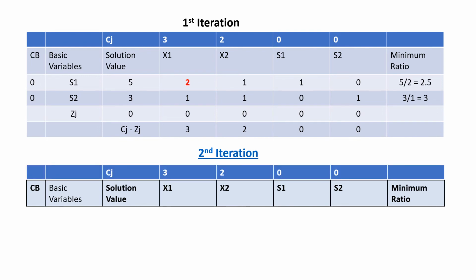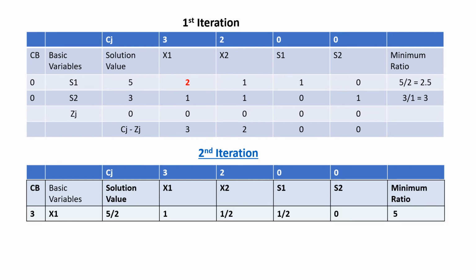So first I have to get the elements of the x1 row because x1 is my newly entered variable. So that I get by dividing all the elements of the S1 row by the key element 2. Next I have to get the elements of the S2 row.